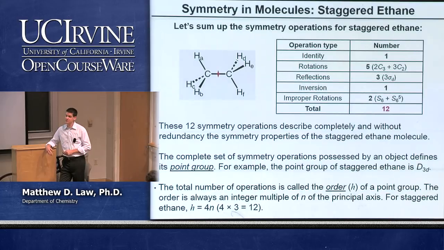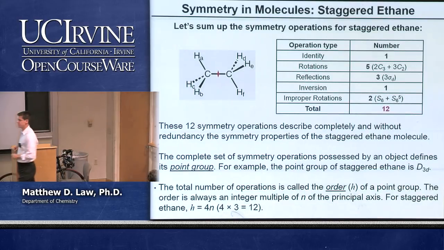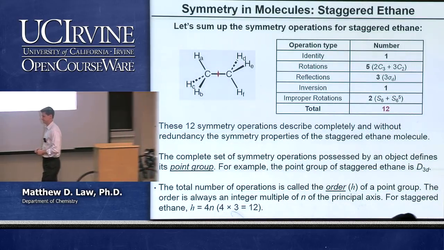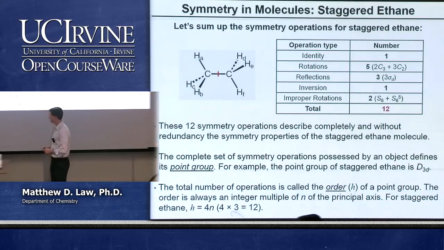So in this case, the principal axis is the C3 axis, right? It's the largest value of n in the point group. And so we have 12 operations. In this particular case, the multiple is 4, and so the order is equal to 4 times 3, or 12. Okay? It's not always equal to 4 times n, but it's always equal to an integer times n. Okay?